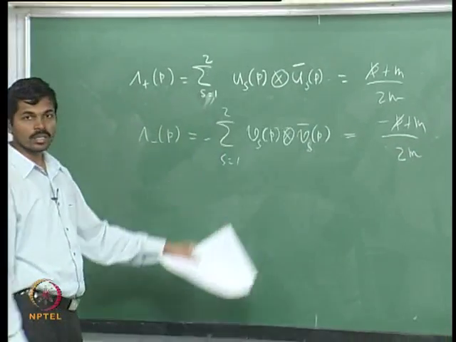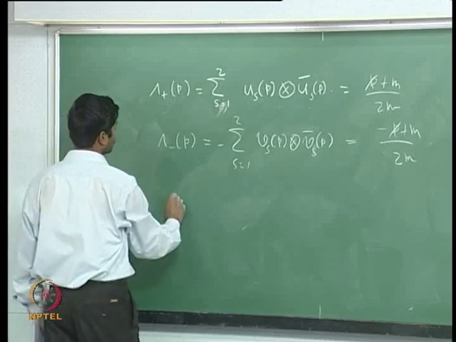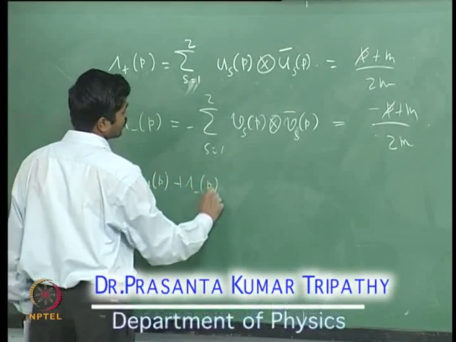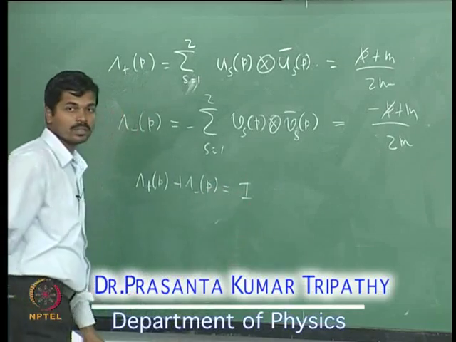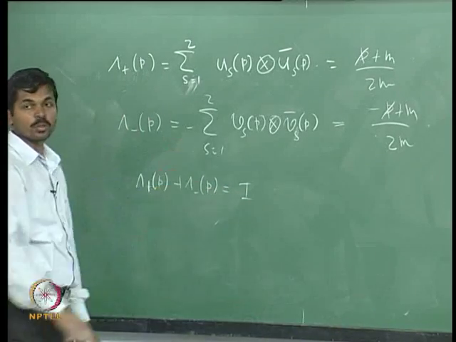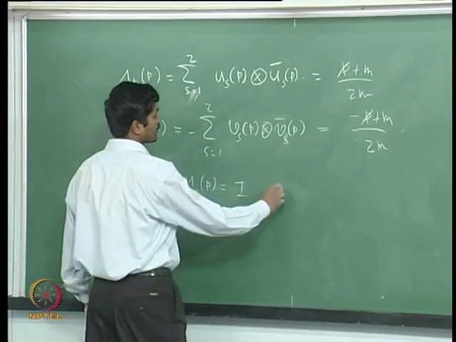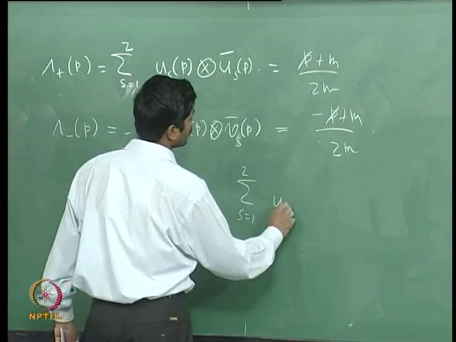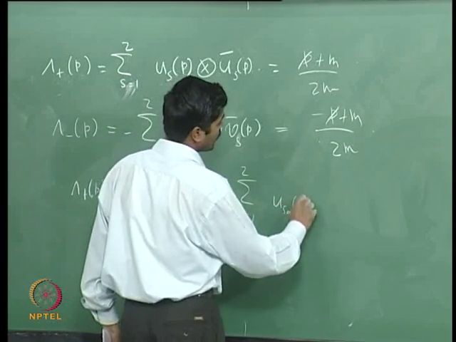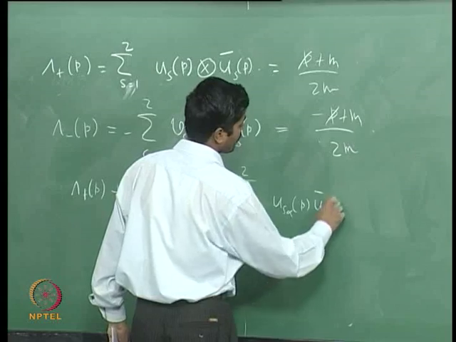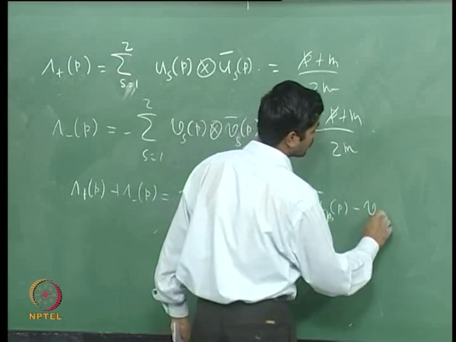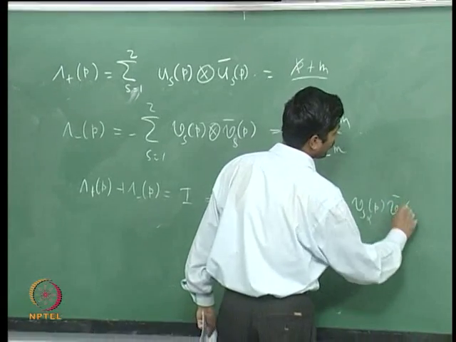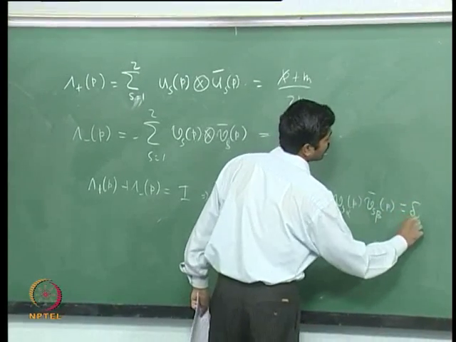So, from here I get a completeness relation, which is lambda plus of p plus lambda minus of p is identity. Or if I want to write it in terms of components, then it simply means that the sum over s equal to 1 to 2 of u_s alpha(p) u-bar_s beta(p) minus v_s alpha(p) v-bar_s beta(p) is equal to delta alpha beta.